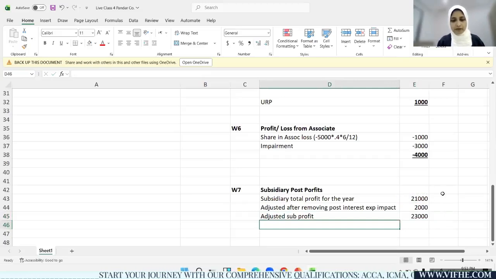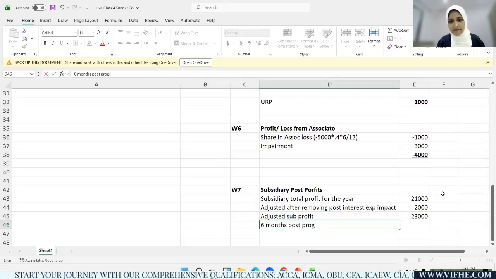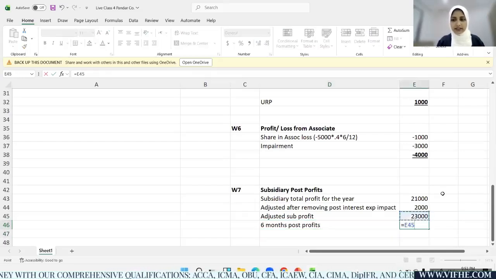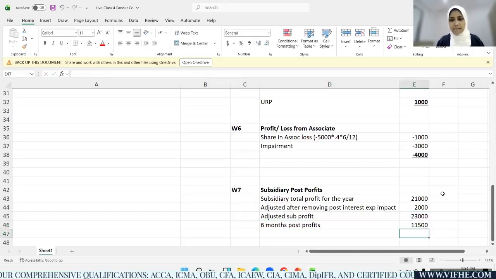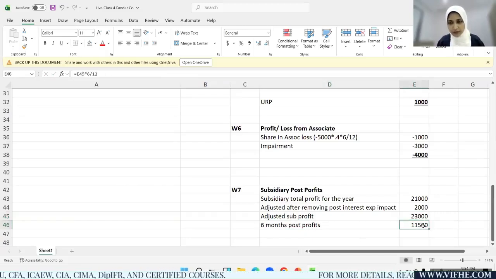If I take 6 months post profits impact, I'll do 23 million into 6 by 12. But this will not be completely correct because this 23 million is now adjusted for the interest element. The interest element should be there, but in the post period. So I'm saying post profits, not pre profits.